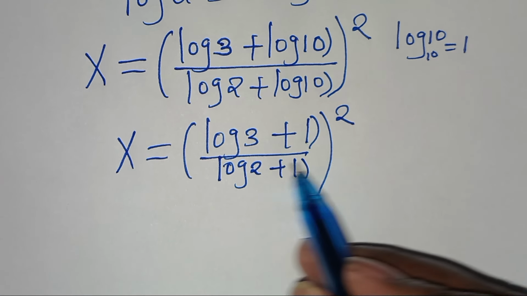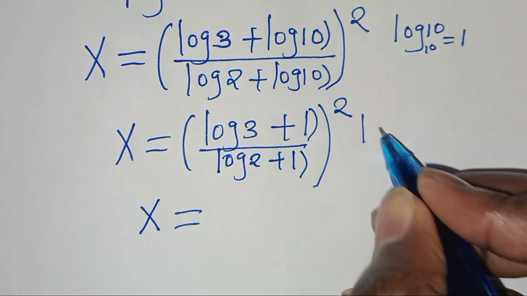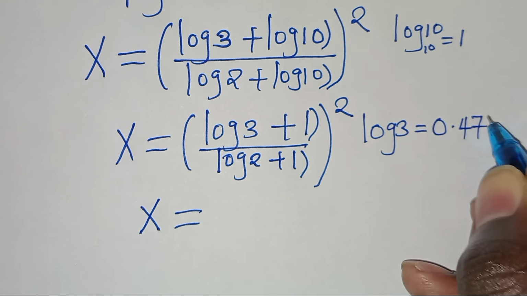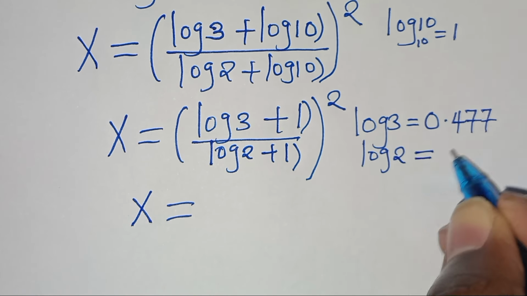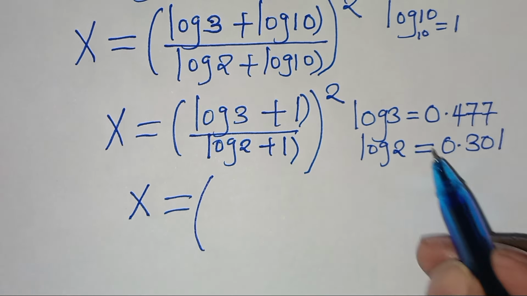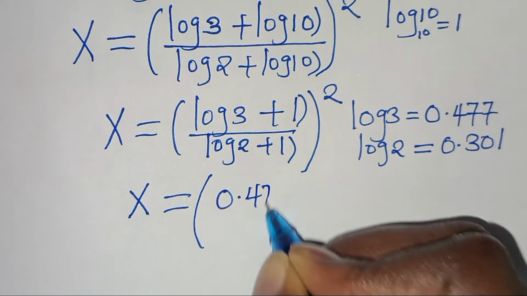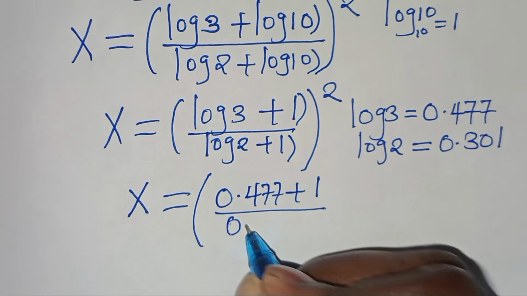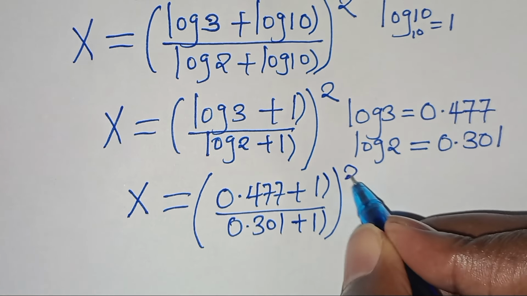Now we can express log 3 as 0.477, and log 2 as 0.301. So let's substitute the values of log 3 and log 2, so that we have 0.477 plus 1, divided by 0.301 plus 1, then everything raised to the power of 2.